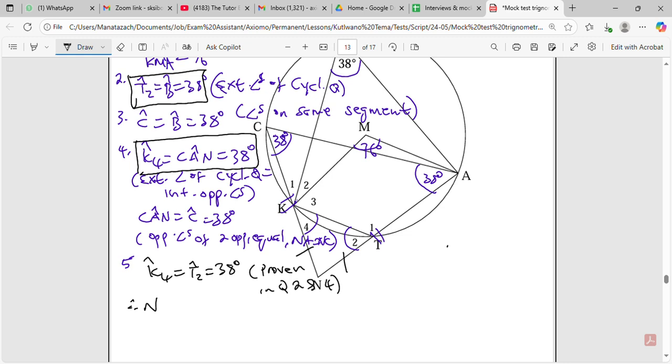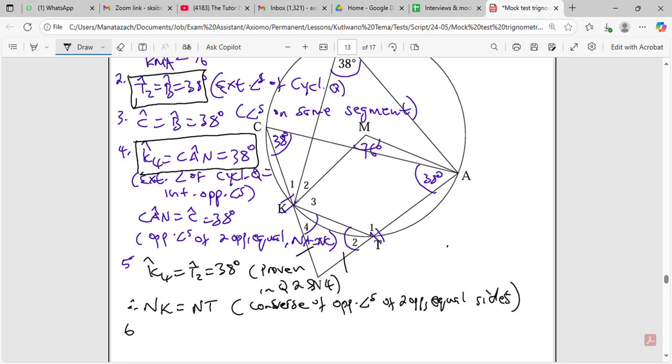So using the converse, you can conclude that NK is equal to NT, right? So that would be the converse of opposite angles of two opposite equal sides. So that is our proof.